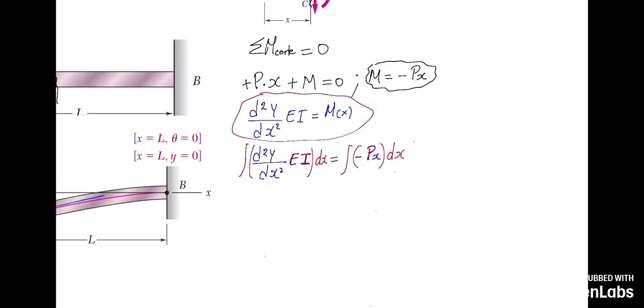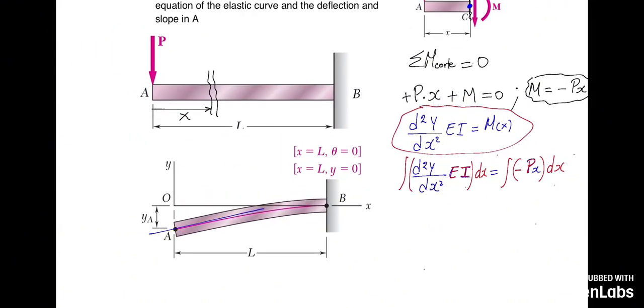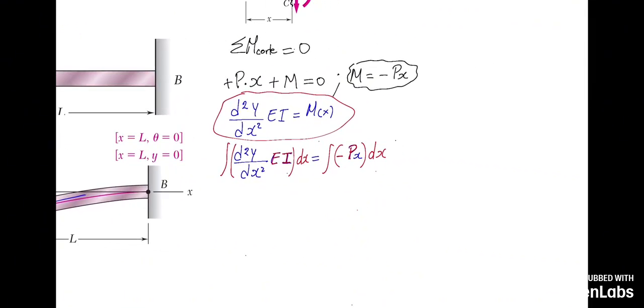Next, what we do is integrate both sides of the equation with respect to x. Note, in this analysis E times I is constant because the cross-section and the material are uniform. P is constant because it is the load here at the end and it does not change. Since they are constants, I will take them out of the integral and perform the integration.